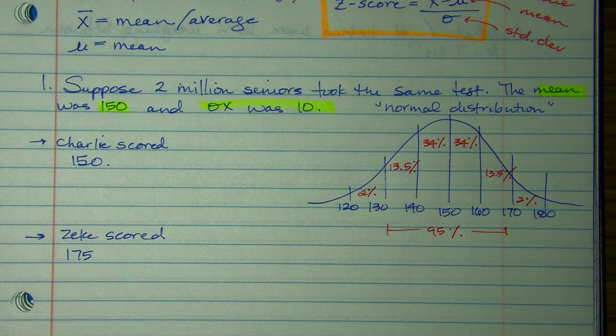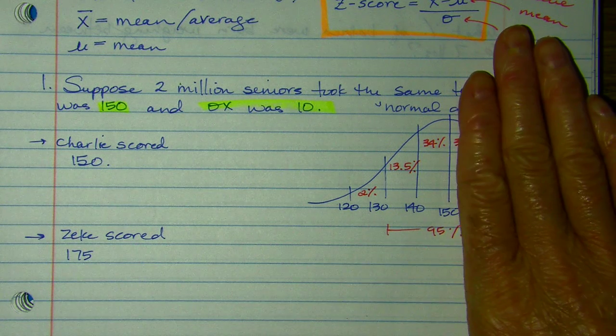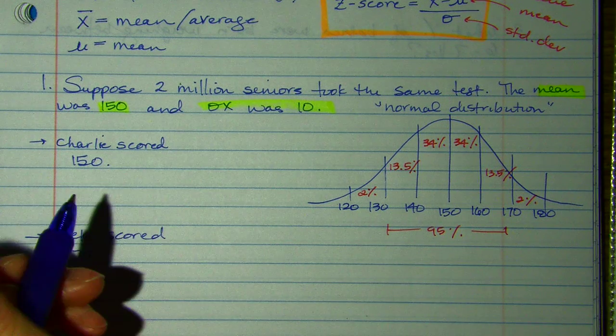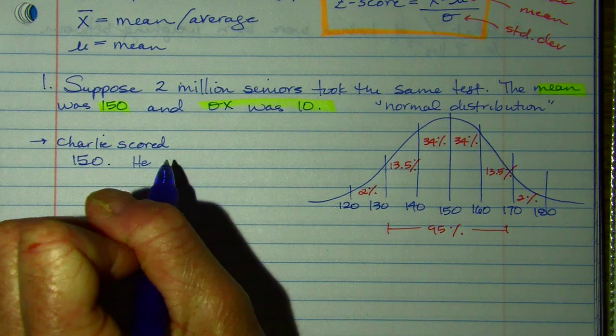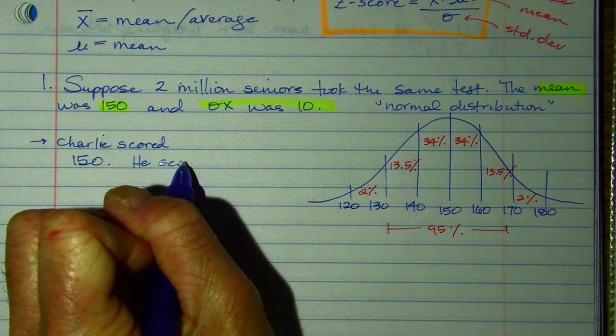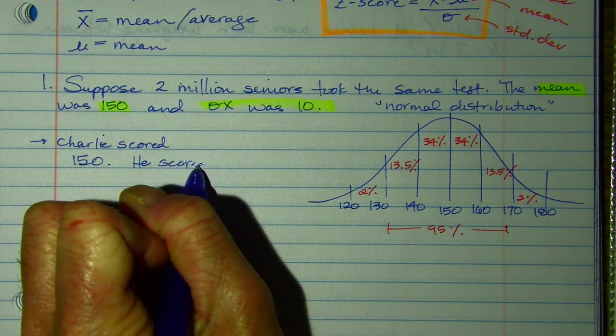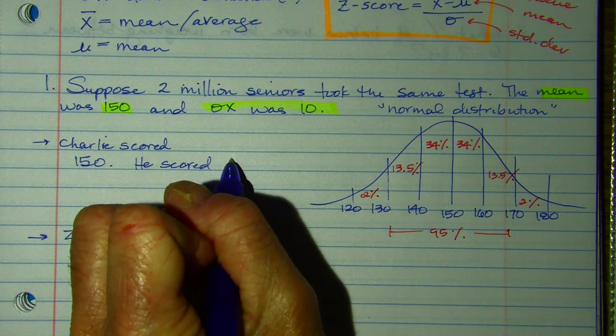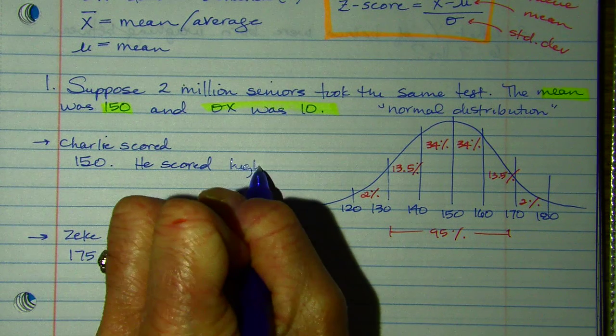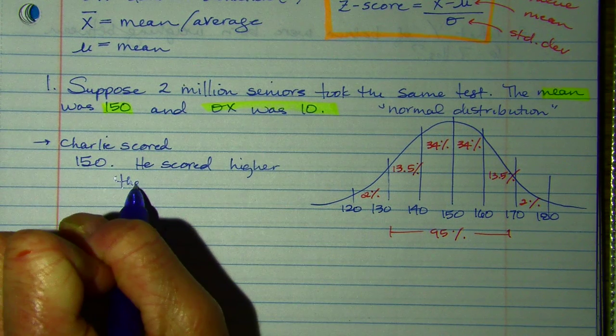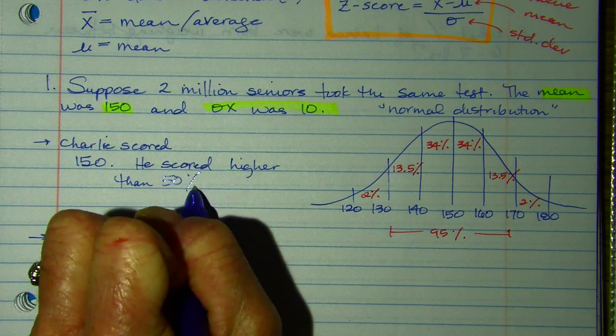So let's talk about some students. Charlie scored 150. Well, that means, just going over how to read this, he scored higher than 50% of seniors.